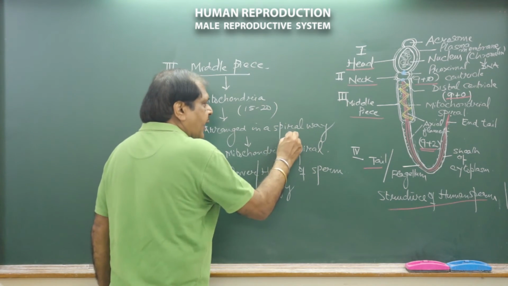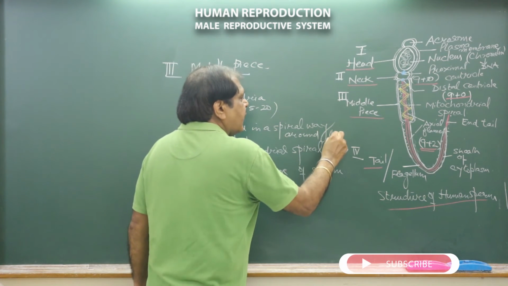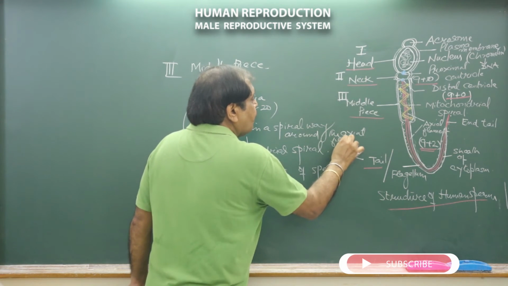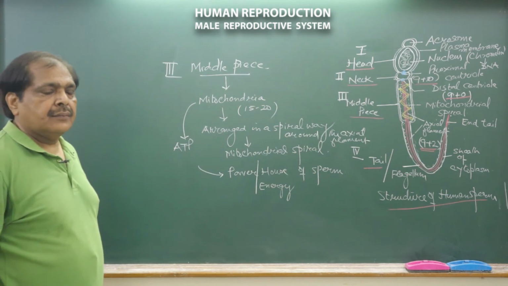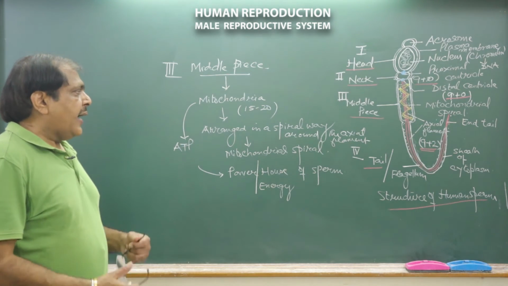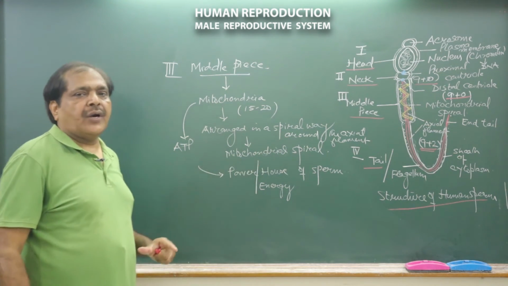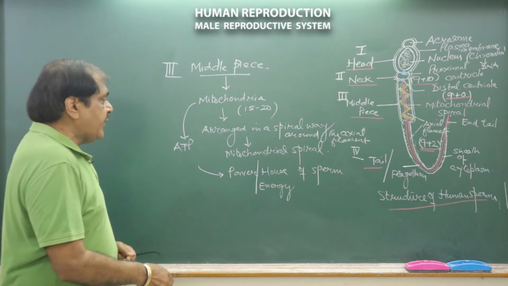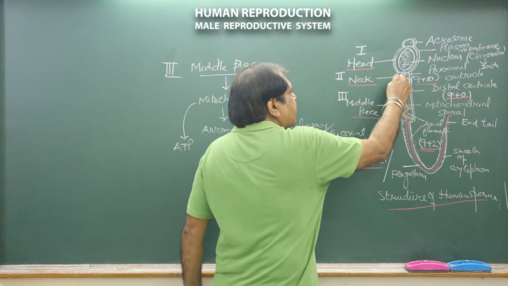One thing more, around the axial filament, or axoneme, which was formed by the distal centriole, this particular arrangement of the mitochondria around the axial filament is called Nebenkern. We can write it over here.